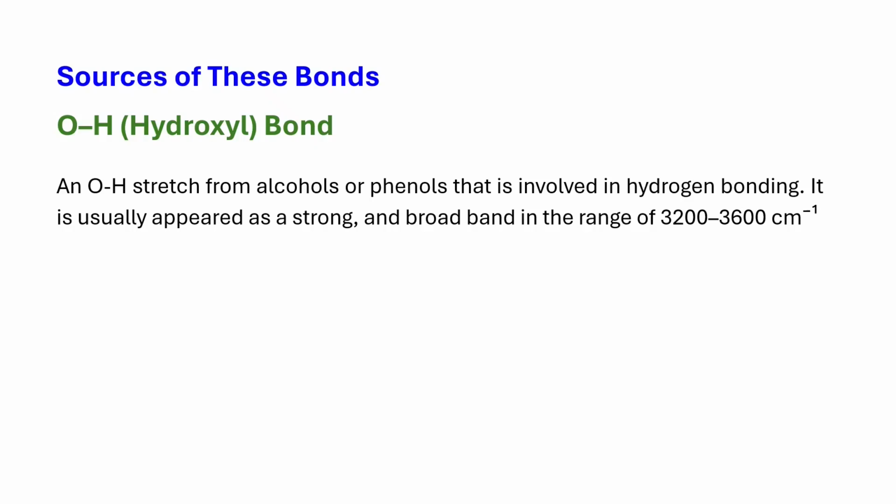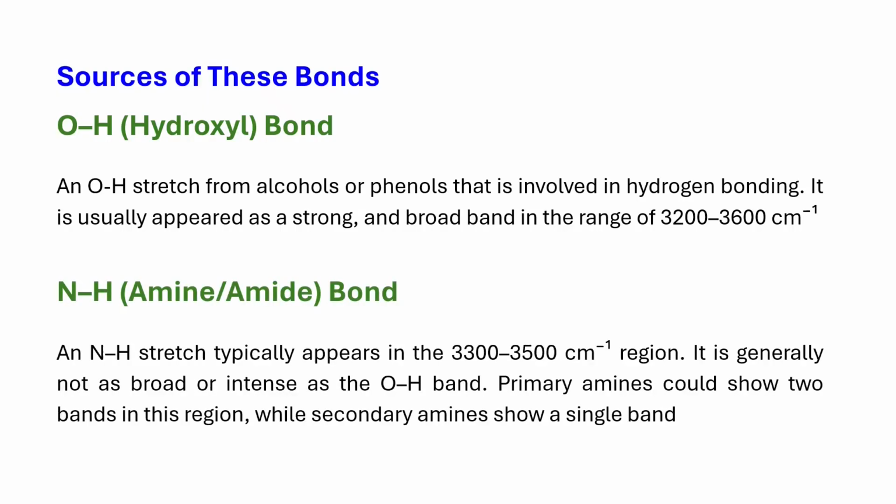It usually appears as a strong and broad band in the range of 3200 to 3600 centimeter inverse. An NH stretch typically appears in the 3300 to 3500 centimeter inverse region. It is generally not as broad or intense as the OH band. Primary amines could show two bands in this region, while secondary amines show a single band.